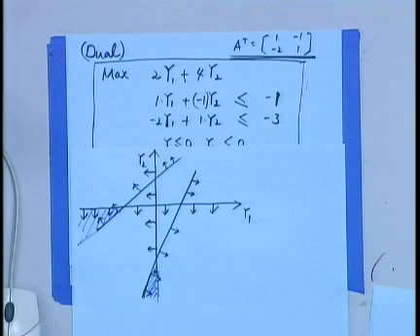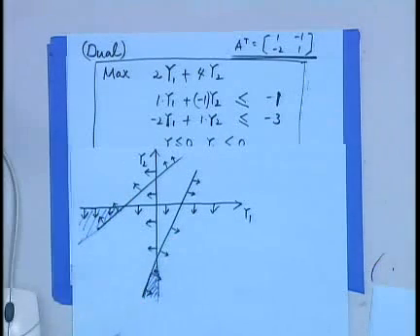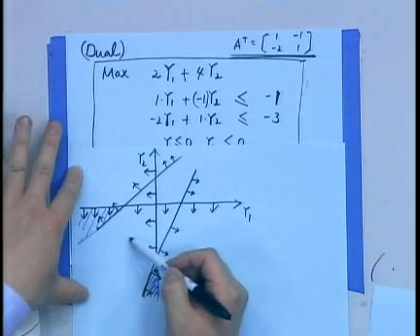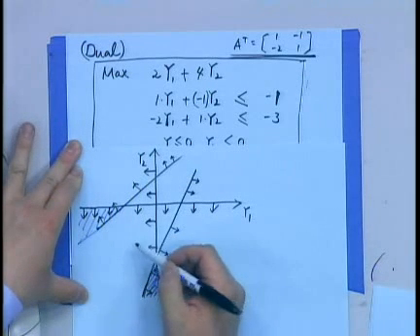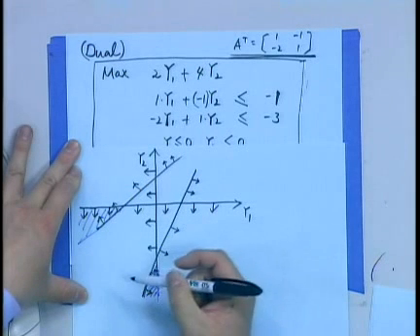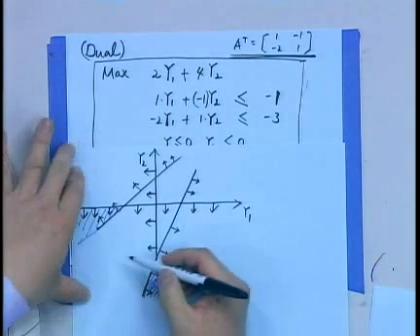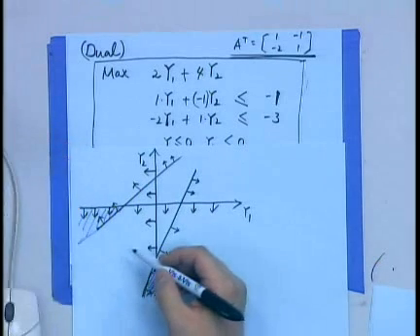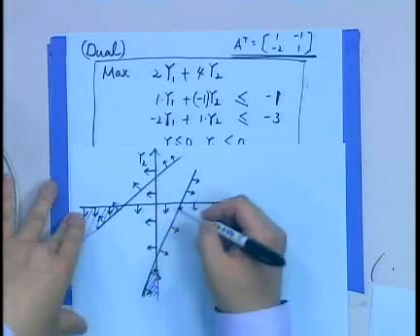So which means the two constraints are never in agreement in the third quadrant, right? Which is y1 is less than or equal to 0 and y2 is less than or equal to 0. So this problem has no feasible region. Is that right? Which means that this dual problem has no feasible solution.